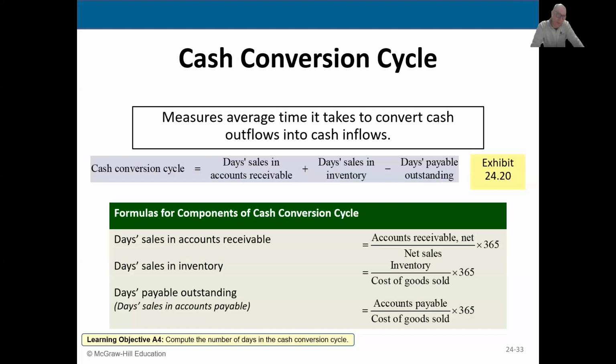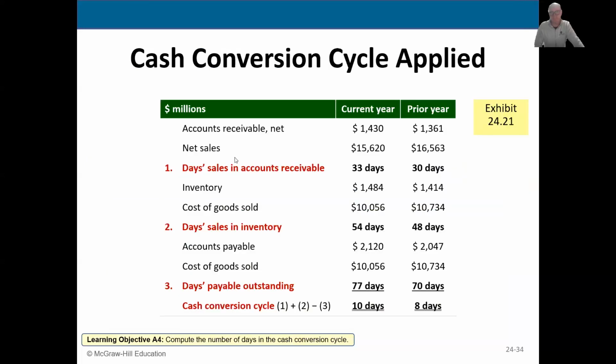So we add days sales in accounts receivable plus days sales in inventory minus days in accounts payable outstanding. This gives us what we call the cash conversion cycle.